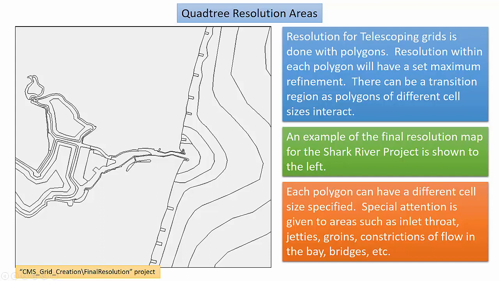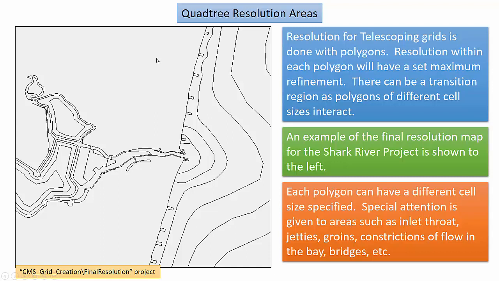Also up here we've added zones for how narrow this channel is into this back part of the bay, things like that. In certain areas that are flat and we have tidal flats, we don't really need a lot of resolution, so we can add zones to decrease the resolution in those areas. And so I'll just show how this is done.